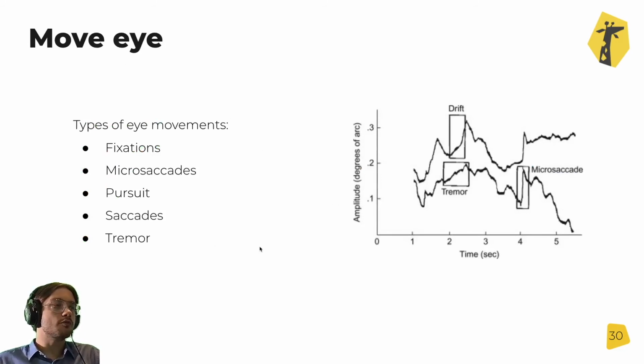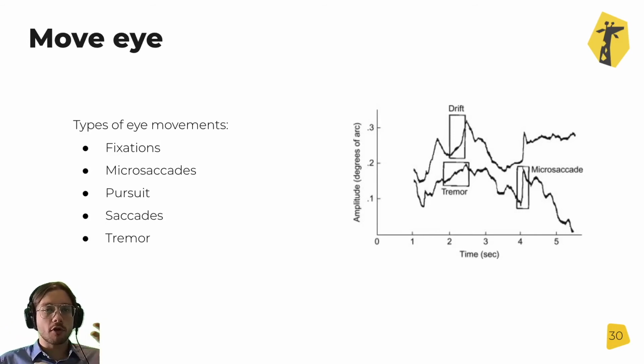The types of eye movements are as follows. Here on the right we can see some examples. For example, tremor is a more frequent action with a bigger duration, and saccades and microsaccades are more rapid movements. People usually have saccades, and this is the way that we make the world around us colorful.